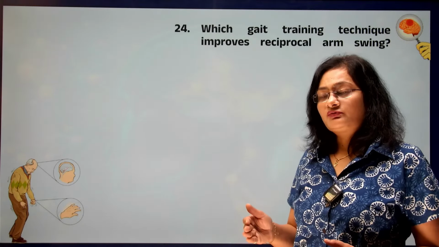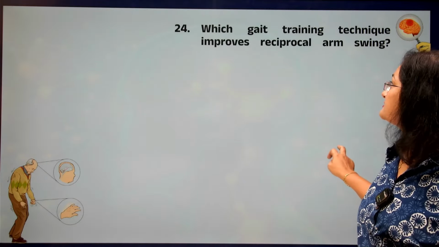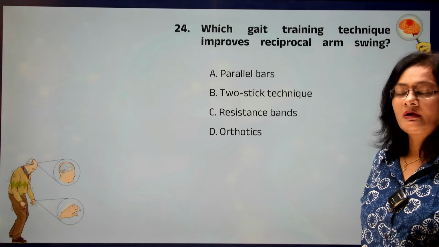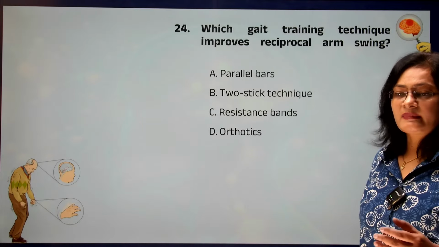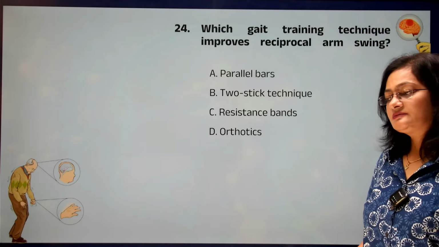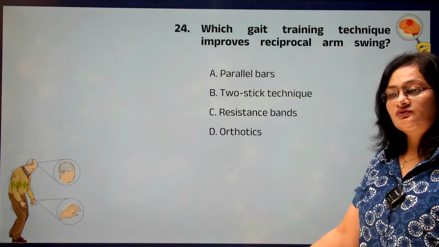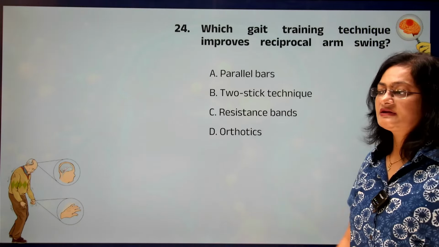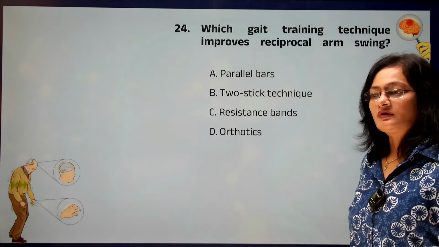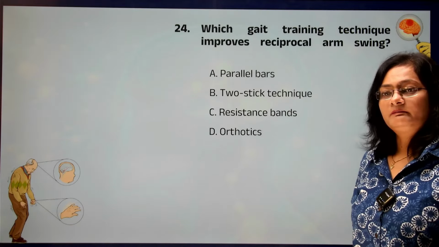So if you want to train your patient for reciprocal arm swing, the best method is walking in the parallel bar with the two stick technique, as mentioned in Darcy Gardiner. The therapist is just beside the patient. The therapist is holding two sticks, the patient is holding two sticks, and then the therapist and patient both simultaneously move the sticks forward and backward. So it will promote the arm swing.